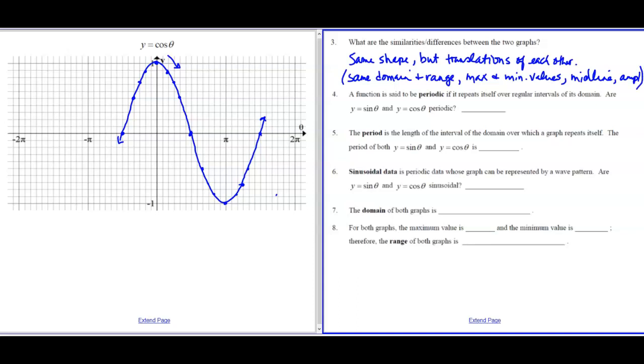It's just the location. Midline amplitude.